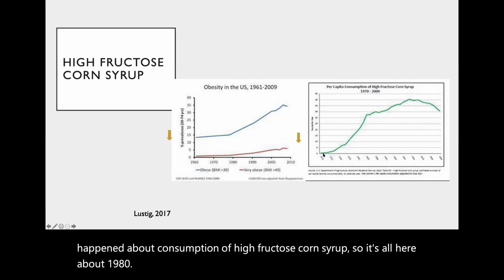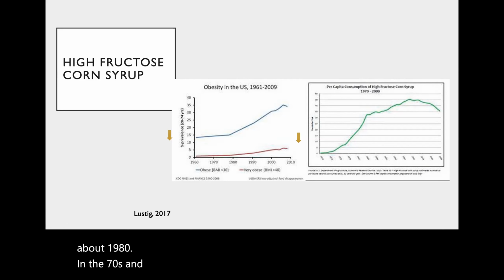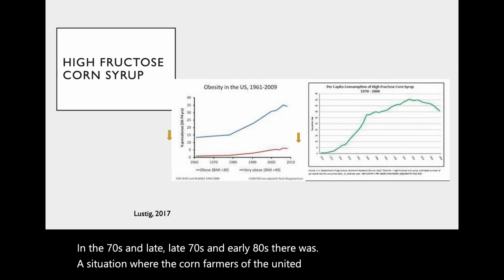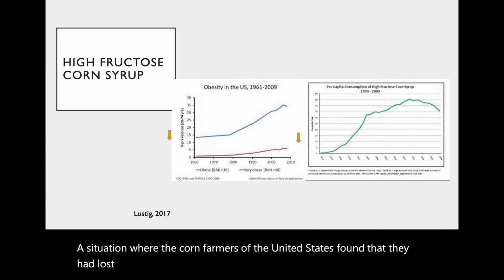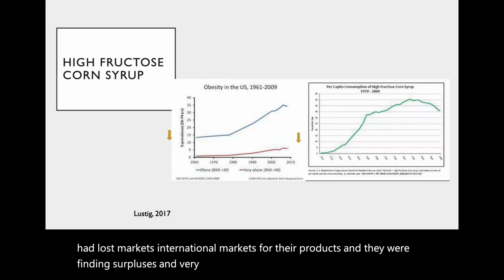In the 70s, late 70s and early 80s, there was a situation where the corn farmers of the United States found that they had lost markets, international markets for their products, and they were finding surpluses and very depressed prices for their corn products. They have a strong lobby.